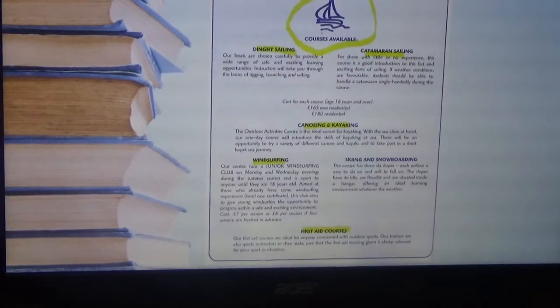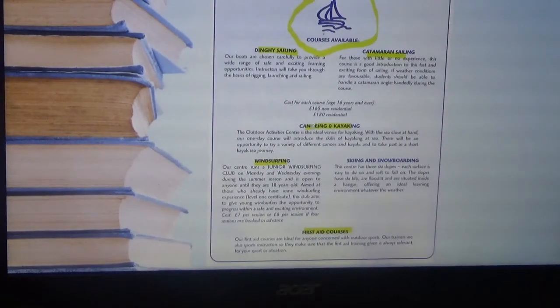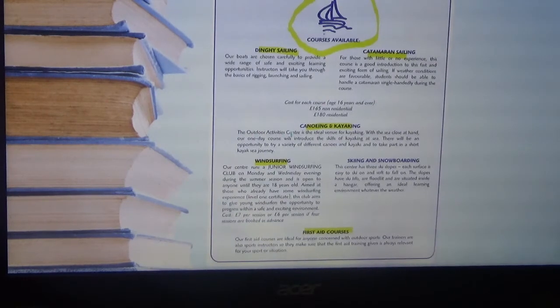Okay, here we have the paragraph about canoeing and kayaking. The outdoor activity center is the ideal venue for kayaking with the sea close at hand. Our one-day course. So it's mentioned here, one-day course. So how long? Our one-day course will introduce the skills of kayaking at sea. With that alone, you'll find the answer.